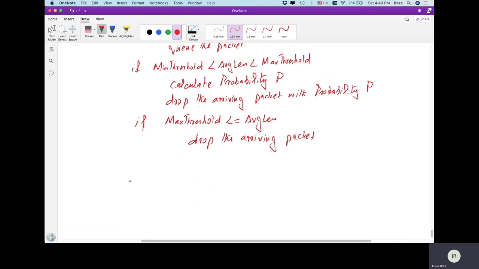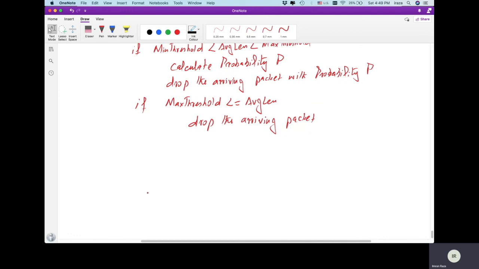So let's try to understand this drop probability with the help of this figure. Let's assume that the probability of drop is represented as a function of average length, right?